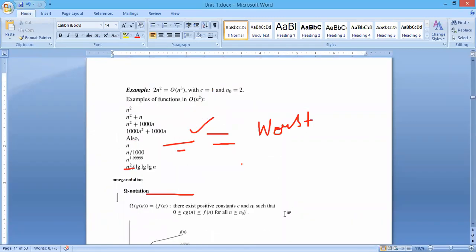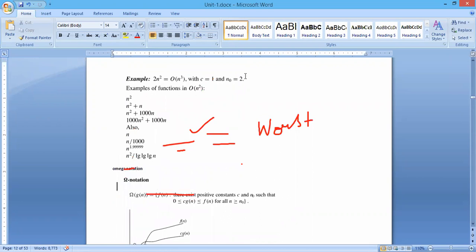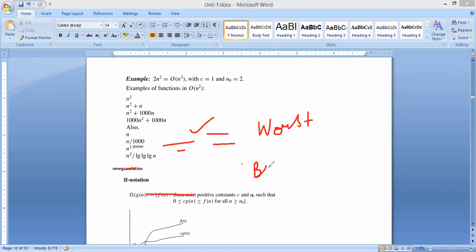And omega is used for best case. How does it become worst? Let's suppose, just in a general way, we can say worst and best.